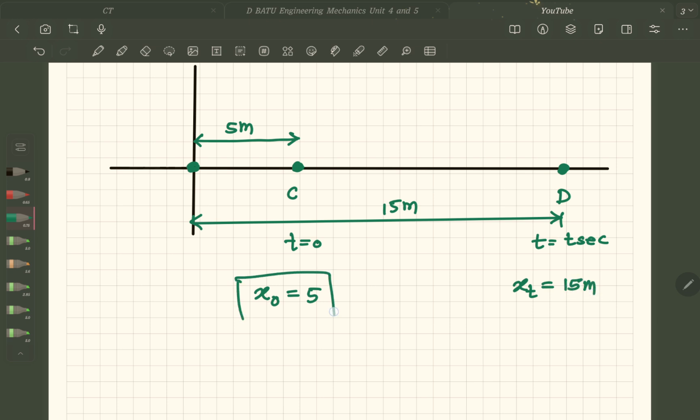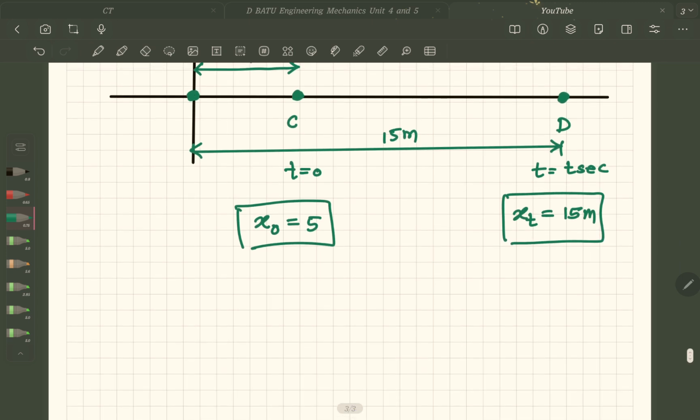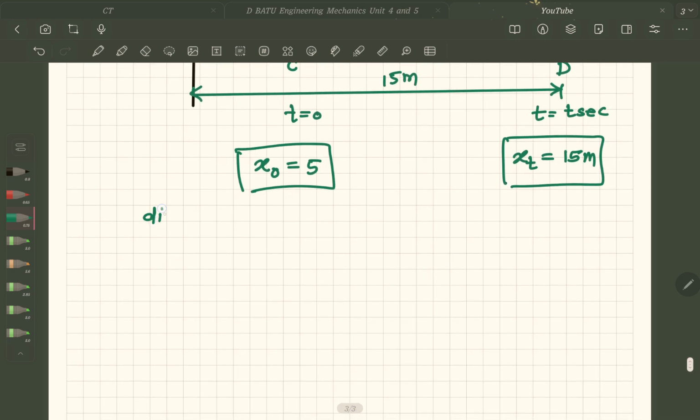This is how you define the position at a particular point of time. Now if I want to find out the displacement, it is generally the final position minus the initial position.